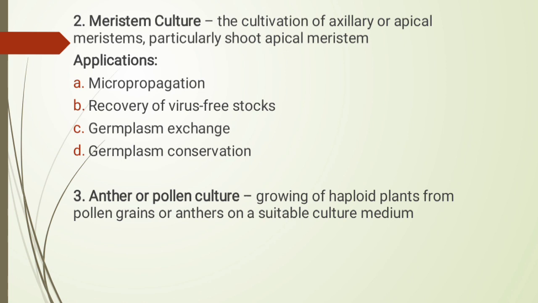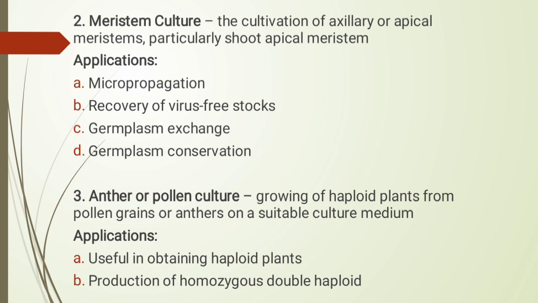Next is anther or pollen culture, the growing of haploid plants from pollen grains or anthers on a suitable culture medium. The applications of anther or pollen culture are obtaining haploid plants and production of homozygous double haploids.